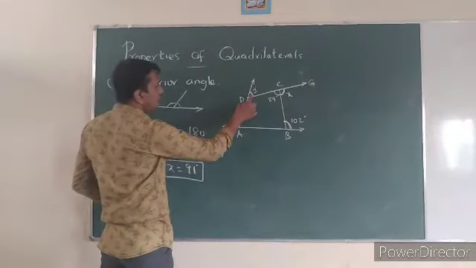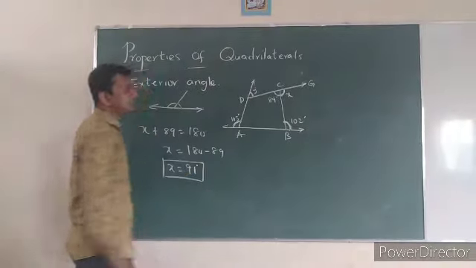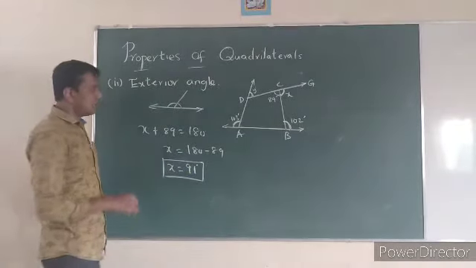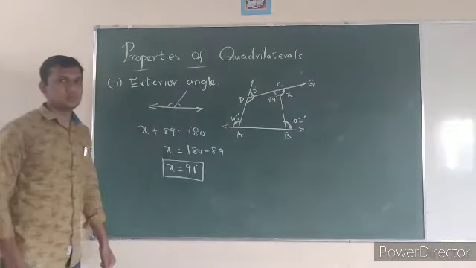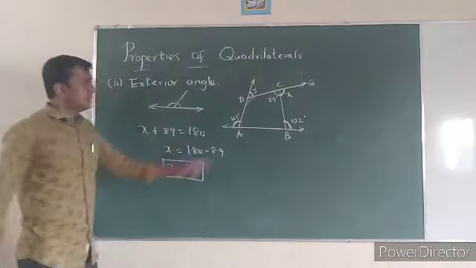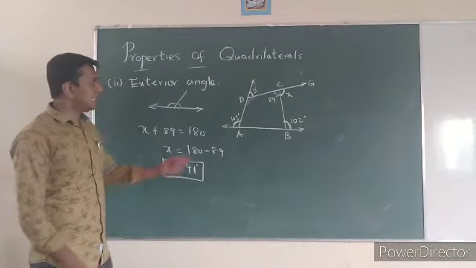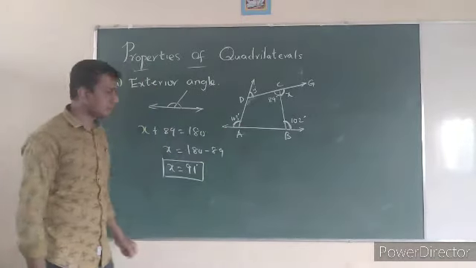Similarly, we have angle y. How to know this angle y? Otherwise, there is no need to calculate this particular angle. As I have discussed, these 4 angles will give us 360 degrees.